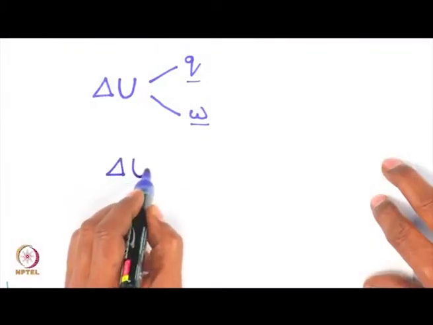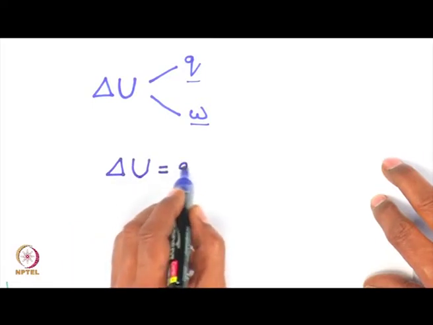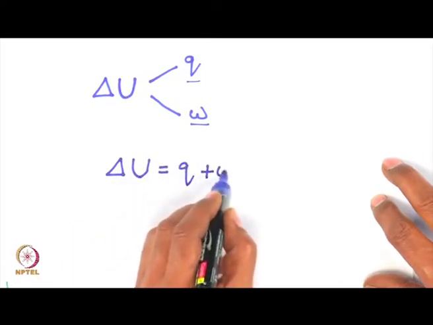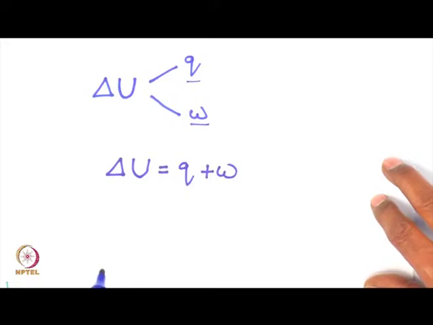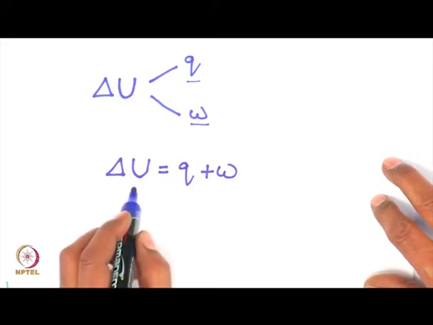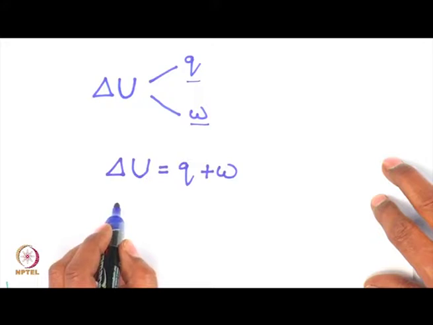So, if I write in a formal way, delta U is equal to Q plus W. This is the formal statement of the first law of thermodynamics.